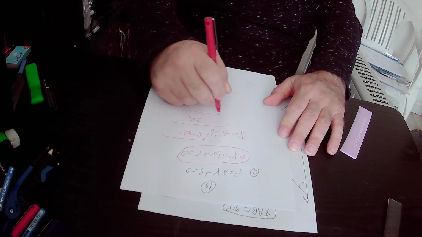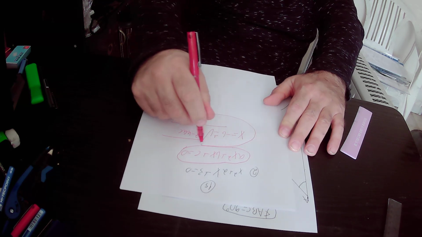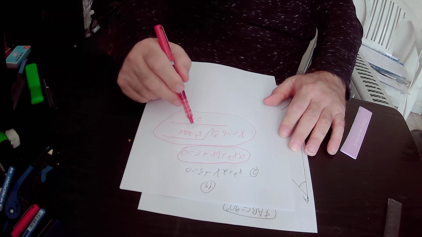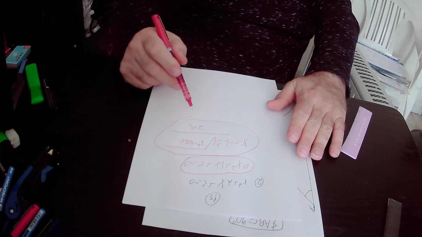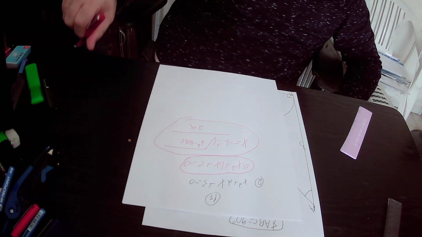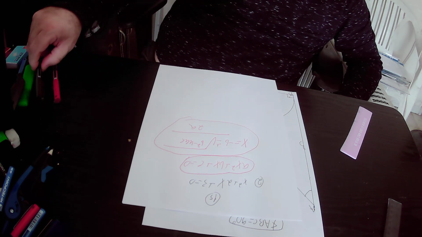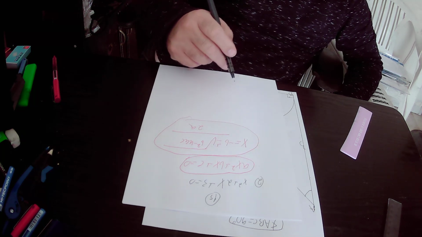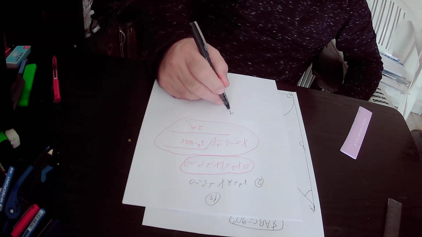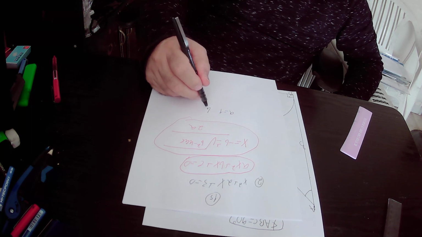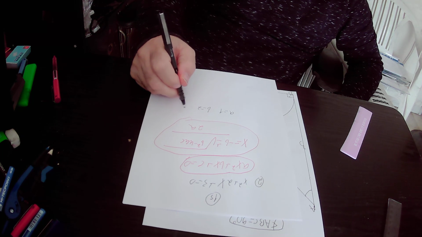Again, here a, b, and c are the coefficients of this quadratic equation, and x is the variable that we are looking for. So if we relate to our specific quadratic equation, in this quadratic equation a equals 1, b equals 2, and c equals 3.